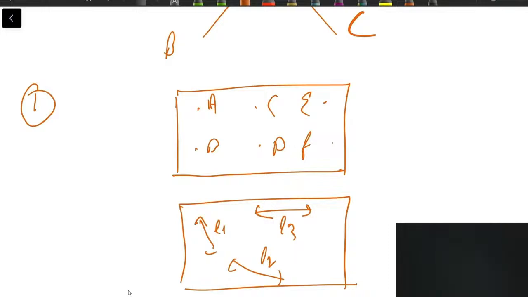Line L1, L2, L3 are coplanar. The third point is that only one line can be drawn through a point, and the line is in a coplane between A and B, and it can be extended to infinity.